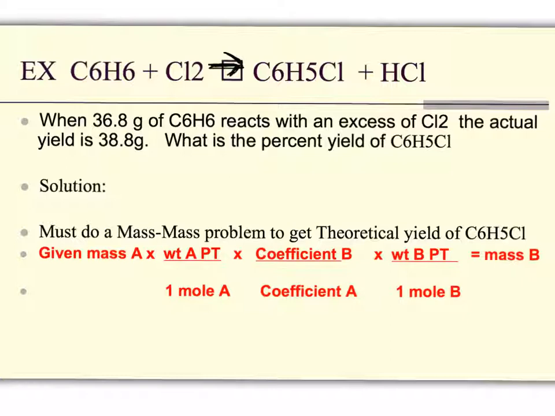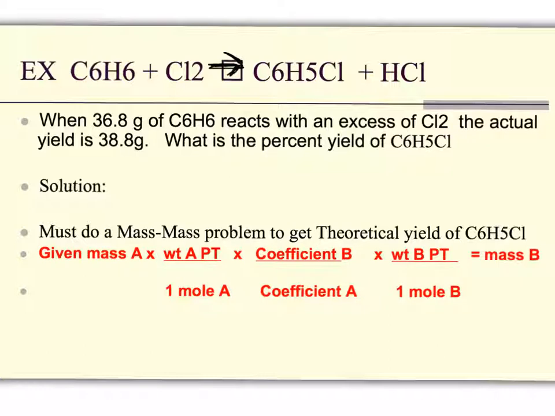The first thing we need to do is identify the actual yield. This will go in our equation, actual divided by theoretical times 100. However, our theoretical yield has not been calculated. To do that, we must do a mass problem to get the theoretical yield. Here we have our equation for our mass problem.